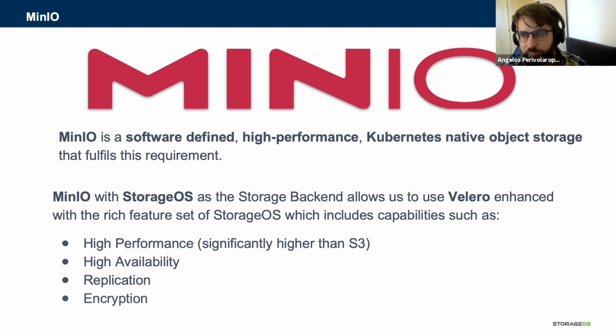And since it's Kubernetes native, it means we can use it with StorageOS by attaching it to a StorageOS volume. And MinIO with StorageOS is able to get the rich feature set of StorageOS, which includes capabilities like high performance, high availability, replication, and also encryption. And in the case of performance, it is significantly higher than S3 since we're using actual disks instead of the cloud storage that S3 provides.